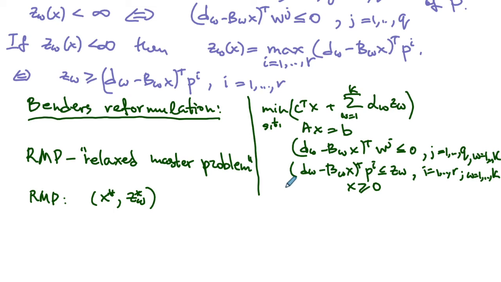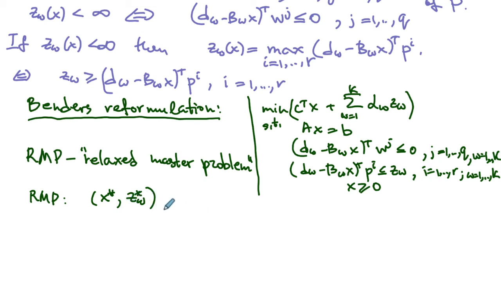For that we need to make sure that all the constraints that we dropped are satisfied by this point x star, z omega star, or if they're not all satisfied, then we need to find the constraints that are violated and add at least one violated constraint to our relaxed master problem, and then resolve the relaxed master problem and proceed this way until we can guarantee that all the constraints are satisfied by the solution to the relaxed master problem.